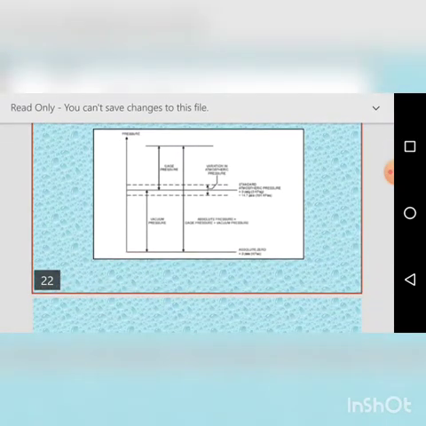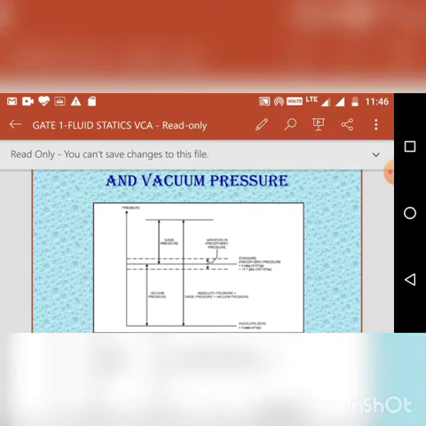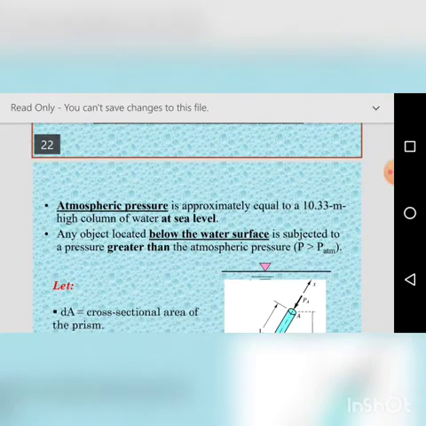In another measurement, atmospheric pressure is taken as the datum, and gauge pressure plus atmospheric pressure is equal to absolute pressure. When it is negative pressure, atmospheric pressure minus vacuum pressure gives you the absolute pressure, and you know atmospheric pressure is 10.3 meters of water.